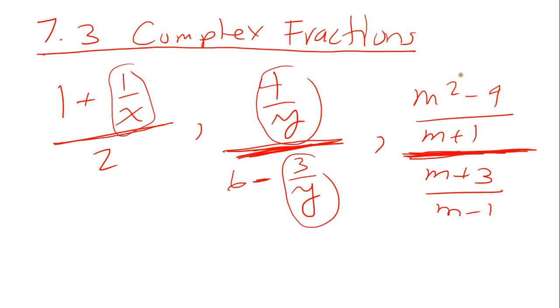The entire thing is a fraction, so you have a big fraction with fractions in the numerator and so on. These are complex fractions. There are plenty of other ones I can do, but hopefully you got the gist of that.